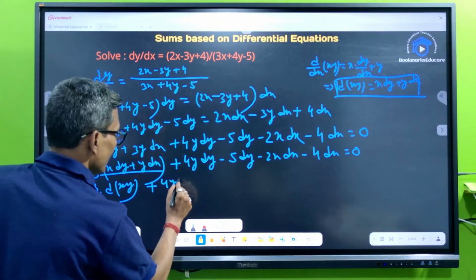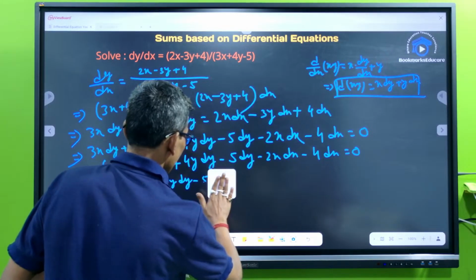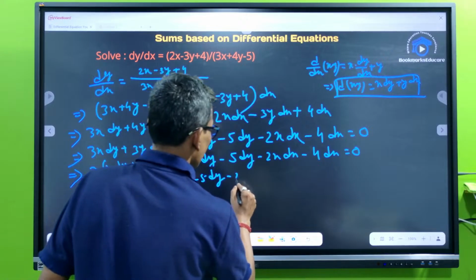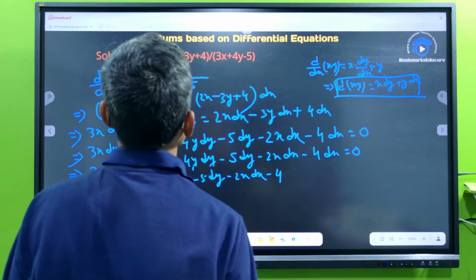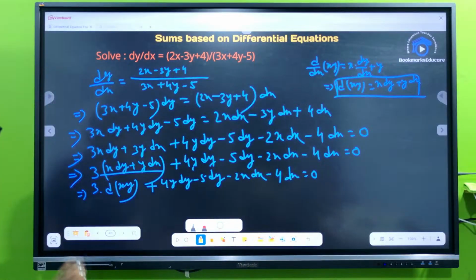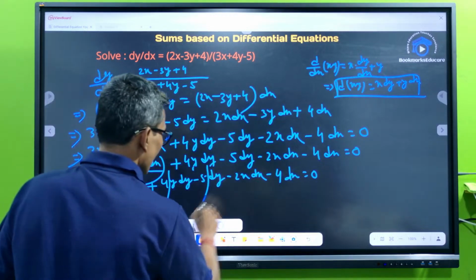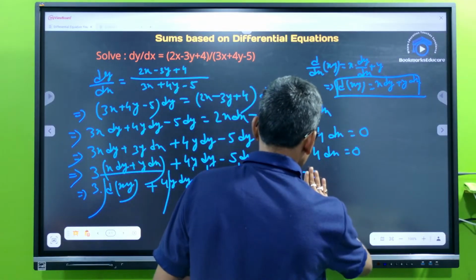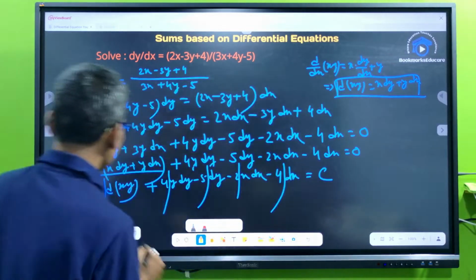plus 4y dy minus 5 dy minus 2x dx minus 4 dx is equal to 0. So integrating on both sides, integration of 0 means constant.